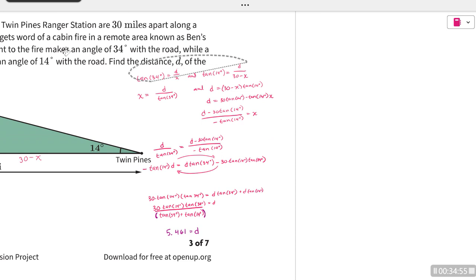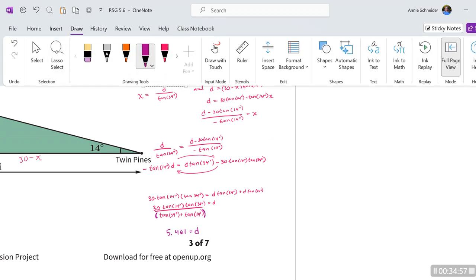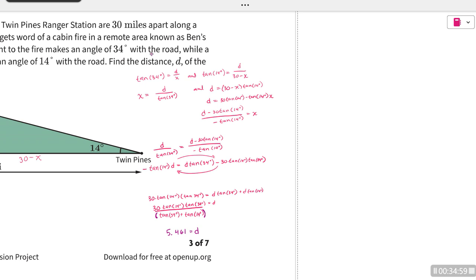But I could have actually solved for x first. So one other method would be to solve for x first, then plug that in to find d. So I'll do this over here. Solving for x first makes the math a little bit less, there's just a little bit less going on.